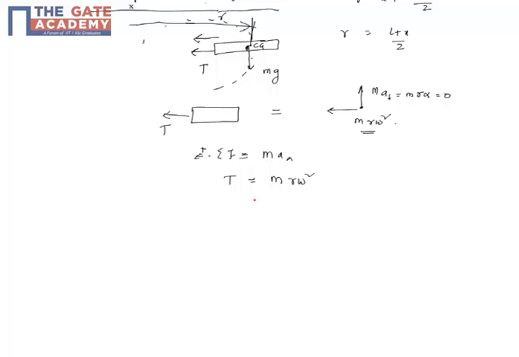We know r in terms of x, but this m is for the right side portion. The density is uniform, so the total mass M is for the length L, whereas for the length L minus x we have the mass m. It is linearly distributed, because the area of cross section and the density are uniform, so the mass is proportional to length.